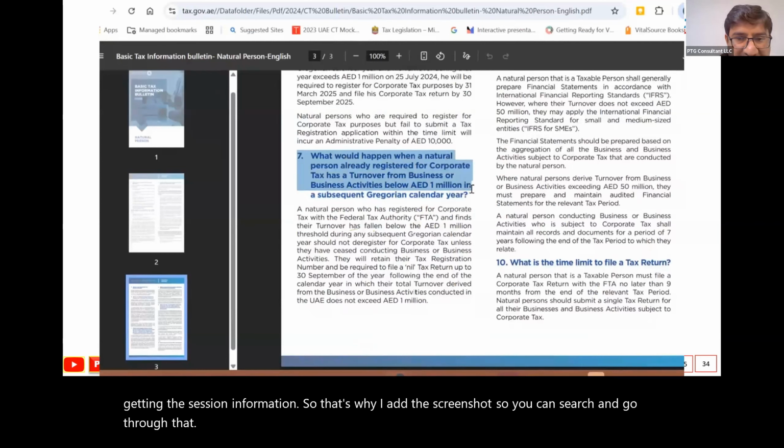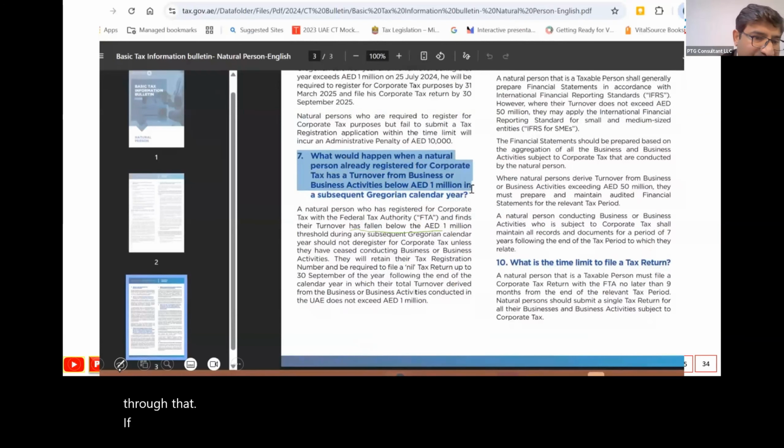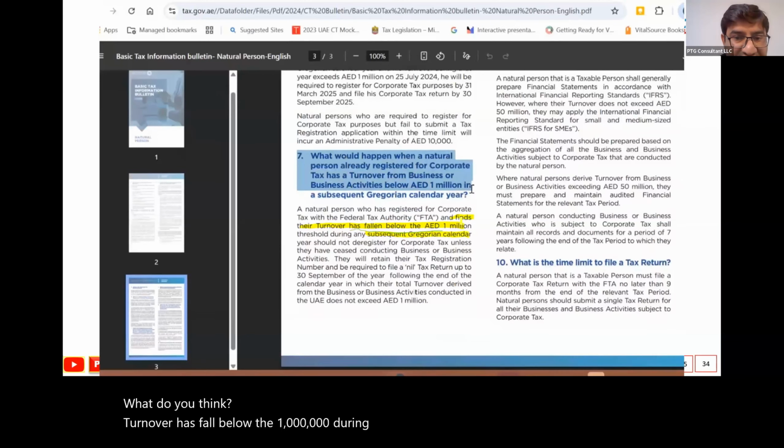If I read here, they mention: turnover has fallen below the 1 million during the subsequent Gregorian calendar year, should not deregister. This is our learning.